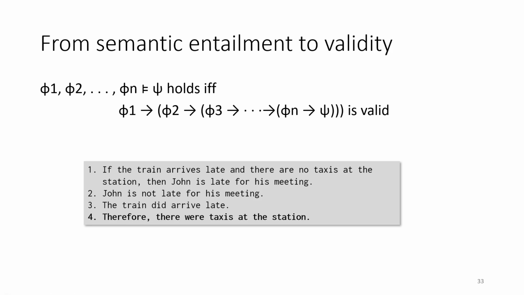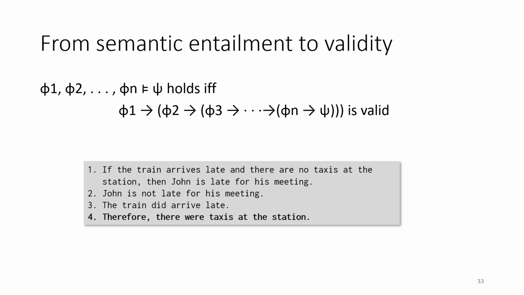Because number 1, 2, and 3 are the general rules. They have variables in them. And we want to know whether number 4 is a valid conclusion. So this conclusion is true no matter what situation happened, whether the train was late or whether there were taxis. Then we want to know, is this a correct semantic entailment?